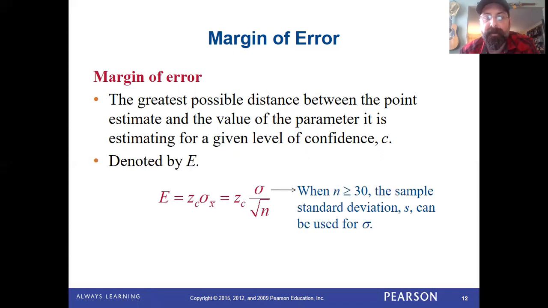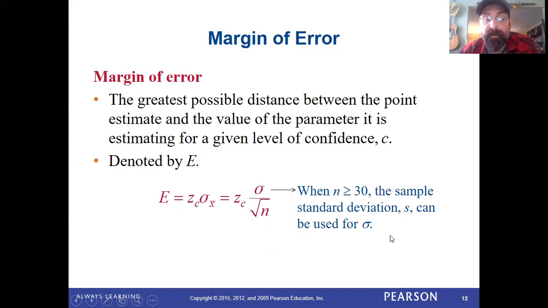So we're going to actually be able to cap the sampling error under a given confidence C. The formula here is denoted by E for margin of error, Z sub C times sigma sub x bar. From previous chapter, we know that sigma sub x bar is sigma over the square root of n. So the margin of error formula is actually pretty easy. It's Z sub C. This is completely determined by your confidence. Sigma, the population standard deviation, divided by the square root of the sample size.